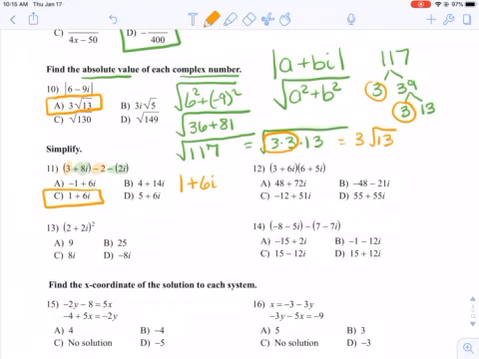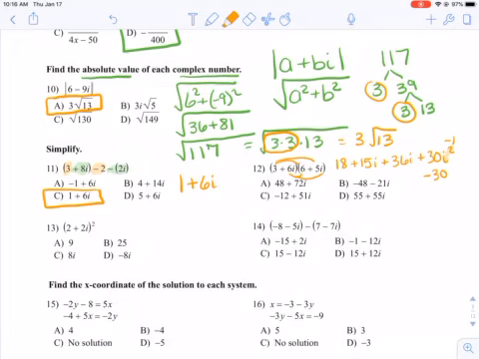This next one, you're going to multiply this out. So you're going to have 18 plus 15i plus 36i plus 30i squared, but the i squared has to be a negative 1. So this is actually negative 30.